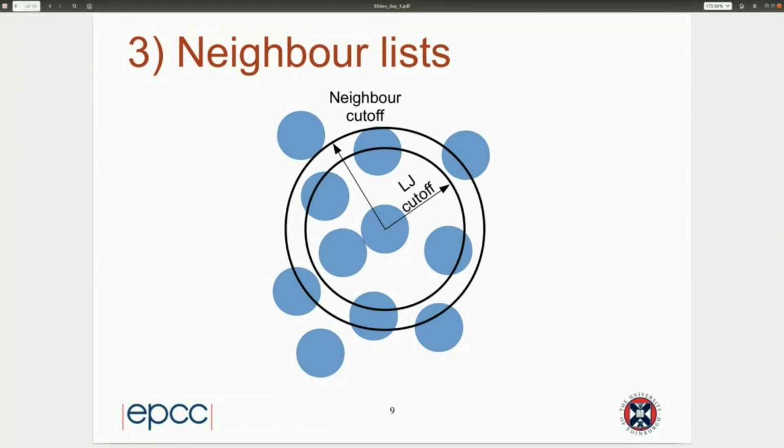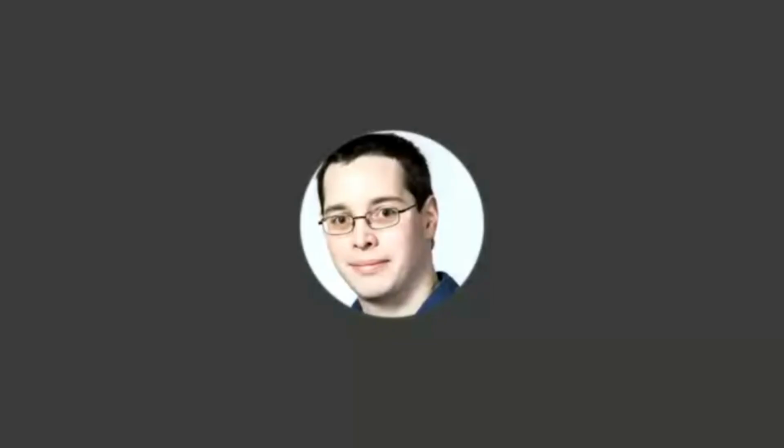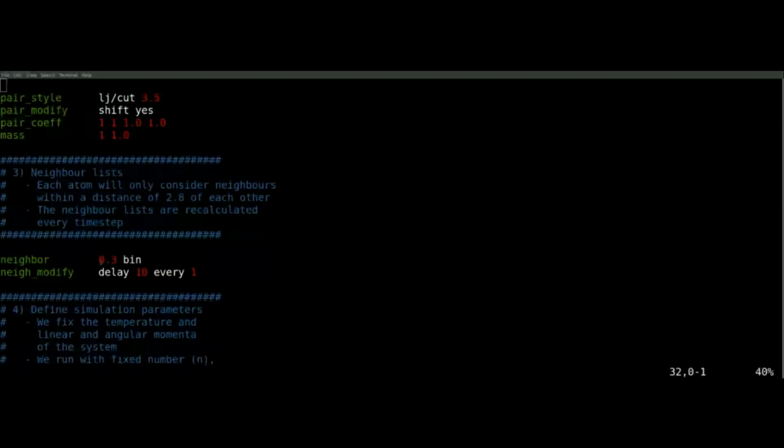And the way we do this in LAMMPS is by adding a neighbor command. In our case, we announce neighbor, and we say our neighbor list is 0.3 sigmas, so 0.3 particle diameters bigger than whatever our cutoff is. In this case, our Lennard-Jones cutoff is 3.5.